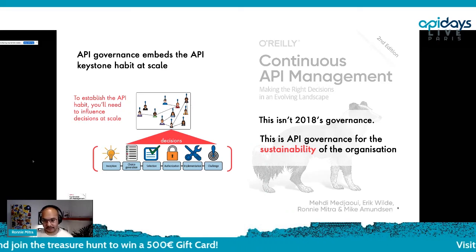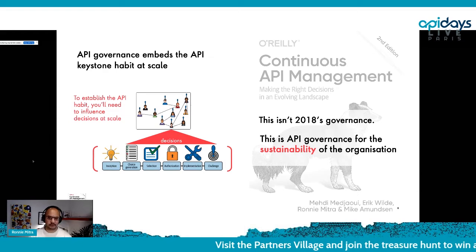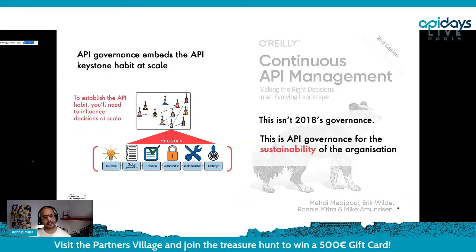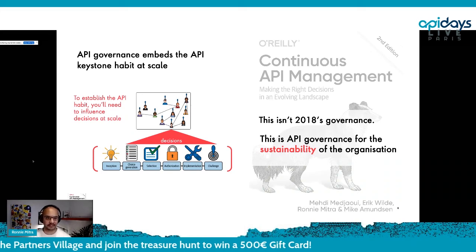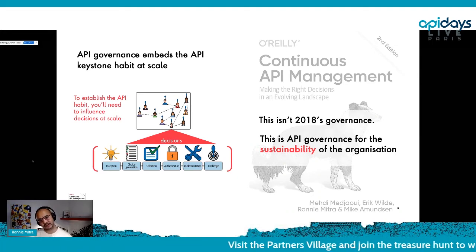So if it was just the 3 of us or the 5 of us or the 10 of us building some technology, then just through shared communication, we could probably come up with a nice structure and an API strategy and architecture that works. But at the scale of a large organization, that's harder. So to form these better habits, you need to influence the decisions that are being made at scale.